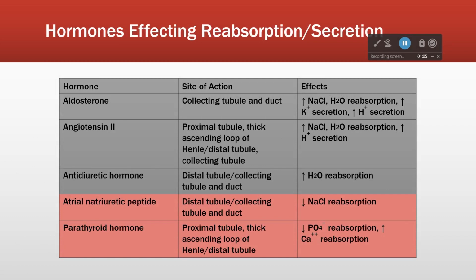All right, so many of these players, all of these players we have talked about before, they each have an effect on reabsorption and secretion. Okay, aldosterone we've talked specifically about, right? Collecting duct, tubule, and duct. Notice it does not say proximal convoluted tubule, right?